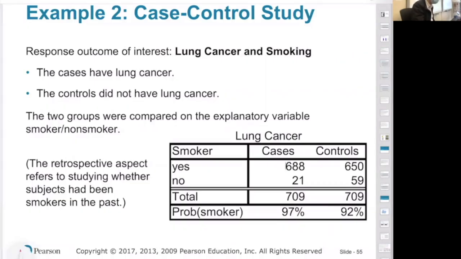You divide this number by the total, so you have 97%. And for the controls, these people don't have lung cancer, but they smoke. So you divide this number by the total here, and you have 92%.